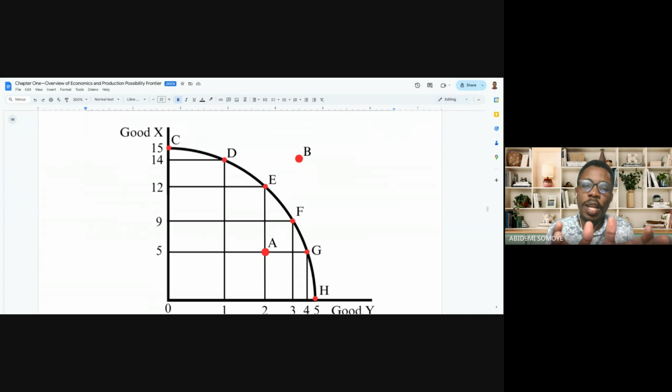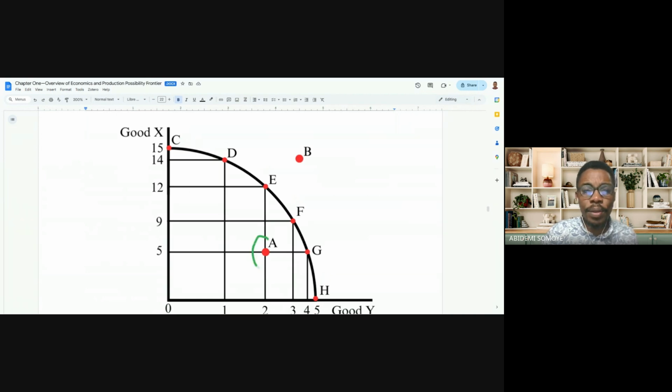Of course, you will still have some unemployment, maybe 5 to 10% within an economy, but productive efficiency simply means the country is using its resources properly. So C, D, E, F, G, H shows productive efficiency.